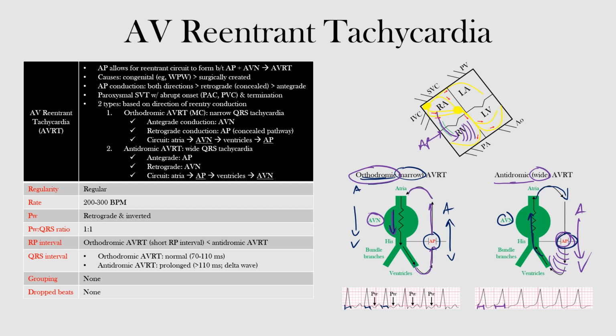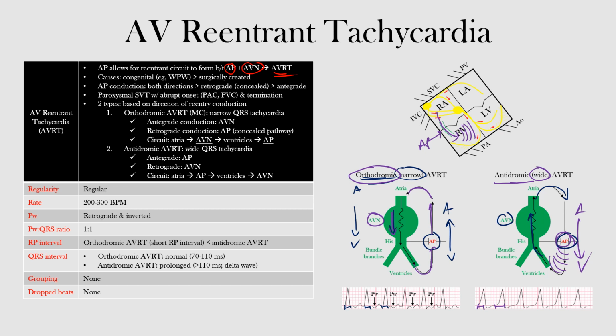So again, AVRT, or AV reentrant tachycardia, has an accessory pathway that allows for this reentrant circuit to form, okay, and it's between the accessory pathway and the AV node. And if this then develops from a PAC, a premature atrial contraction or ventricular contraction, and it goes into this tachycardia, that's what we call AVRT, the tachycardia.